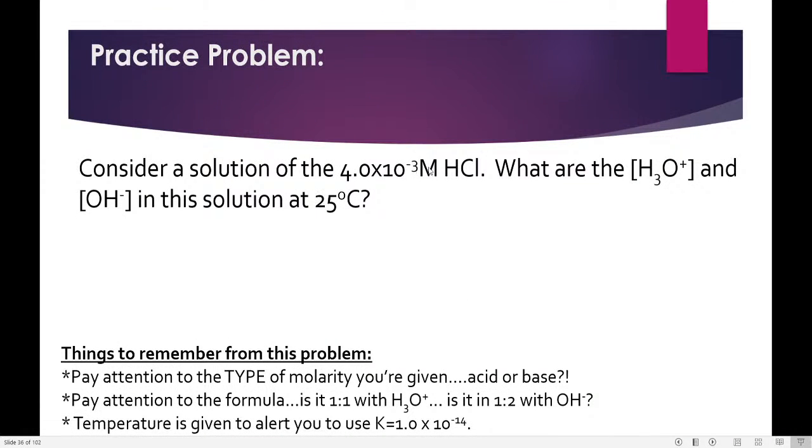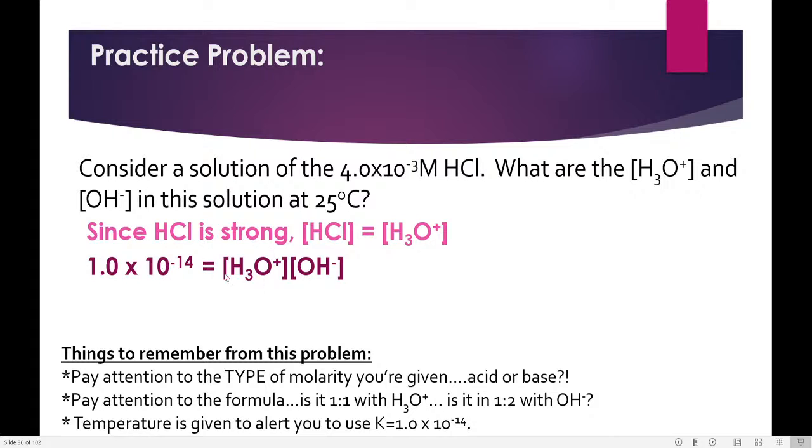Check this out. I have some acid, guys. It's got a concentration. What's the hydronium and hydroxide concentration in it? At 25 degrees. So as soon as I see this, I'm thinking, oh, here's the equation that I want to use, right? The next thing I notice is it's a strong acid. So its concentration will be equal to the hydronium.